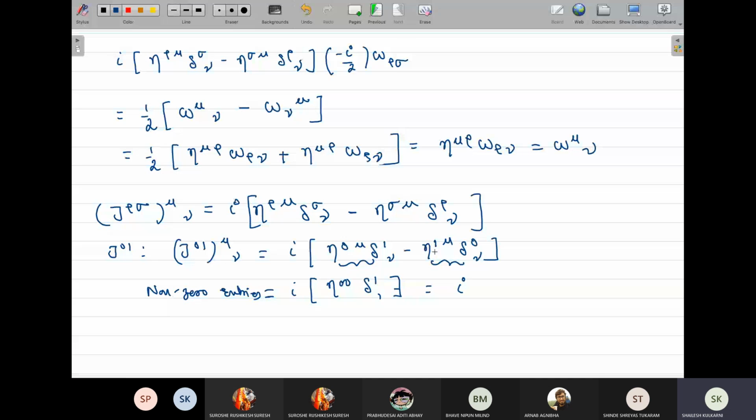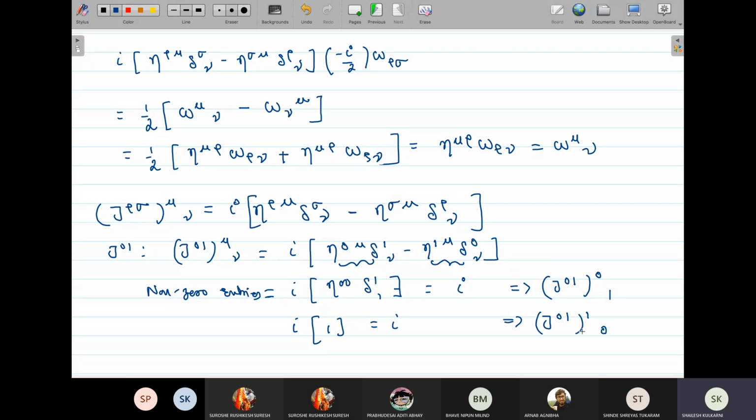If I put mu equal to 1 and nu equal to 0, I will get eta 1 1 delta 0 0. Eta 1 1 is minus 1, delta 0 0 is 1, minus 1 it will be plus 1, so it will be 1 again. It will be i, so this is J01 1 0.